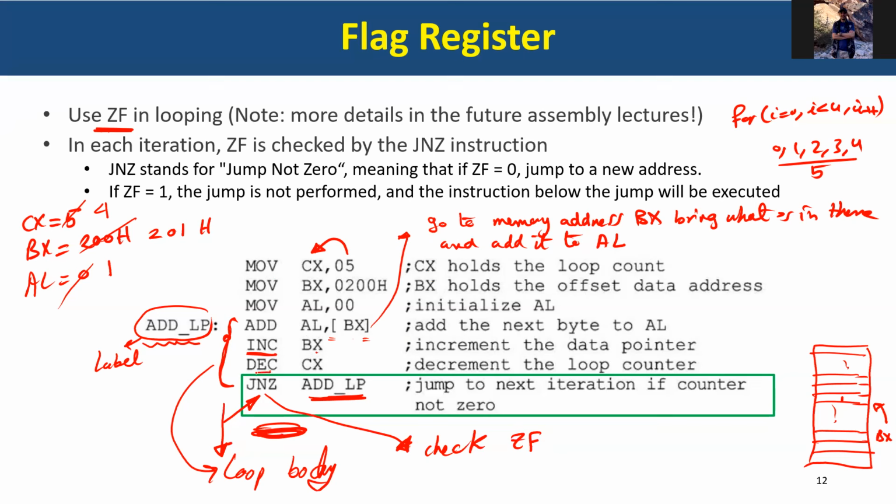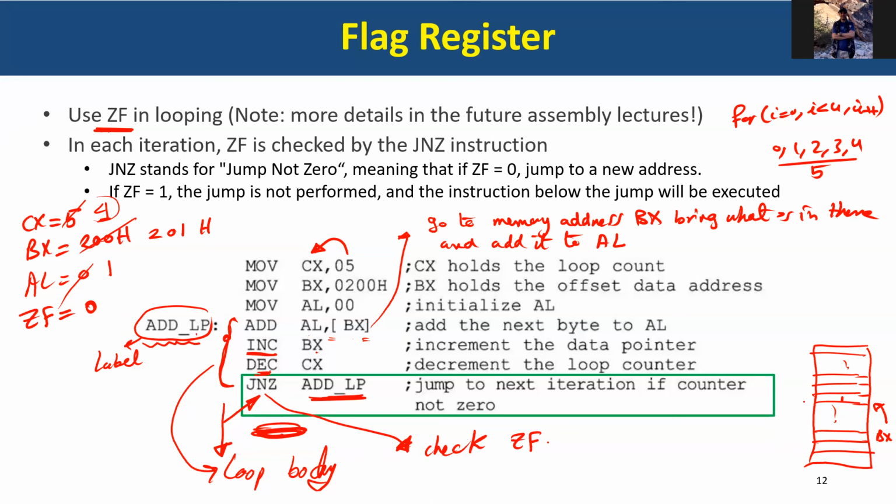So when we decrement, CX becomes 4. Okay, that's not 0. So the 0 flag will be 0. The 0 flag after decrementing CX will be 0 because this is not a 0 result. Okay, we're going to come here again. So we're going to jump to add LB, add AL and BX.